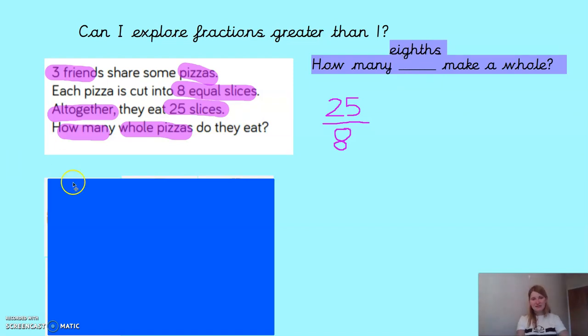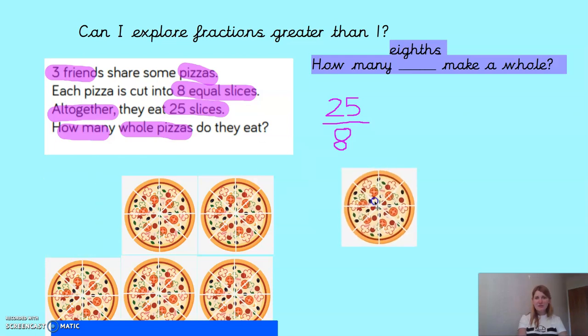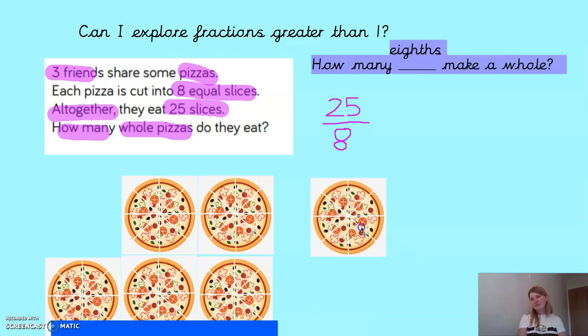I've got some trusty pizzas here to help us answer it, okay? So I would always recommend, if you can't work out a question, draw yourself something that's going to help you explore it. So I've got lots of yummy pizzas. They're all cut into 8 parts here. And what I want to know is, if I've got 25 eighths, or they've eaten 25 eighths, how many whole pizzas is that? Well, firstly, can you tell me how many eighths make a whole?